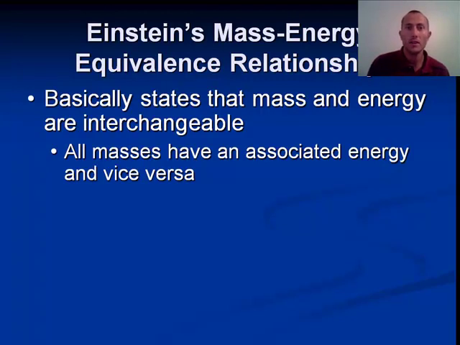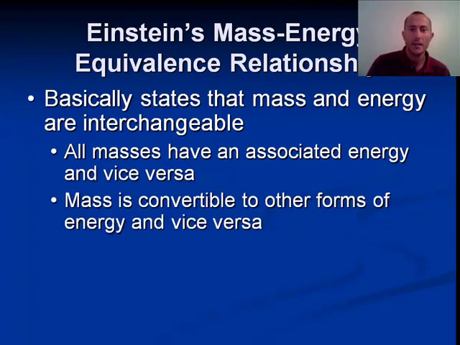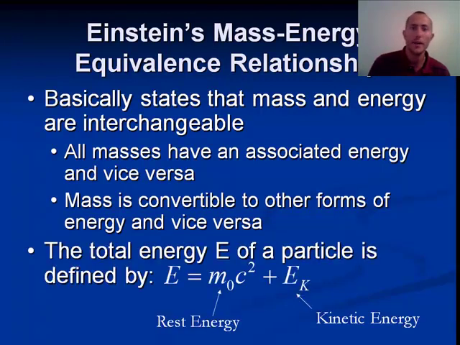That equation gives the amount of energy that is equivalent to a certain amount of mass. So we can now say that all masses have some associated energy that goes along with them. This also leads us to the idea that mass can be converted into energy and vice versa, and again, energy and mass are related by E equals mc squared.